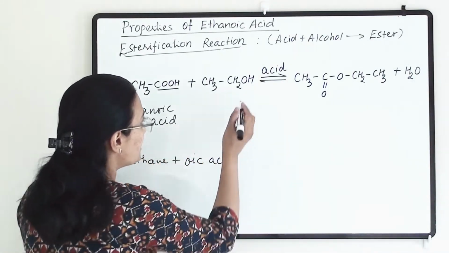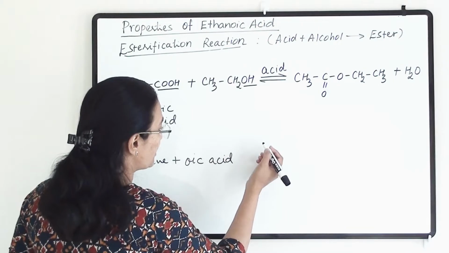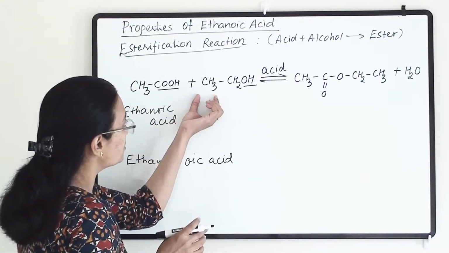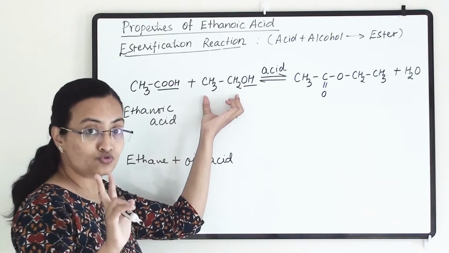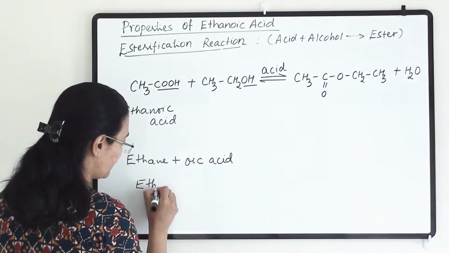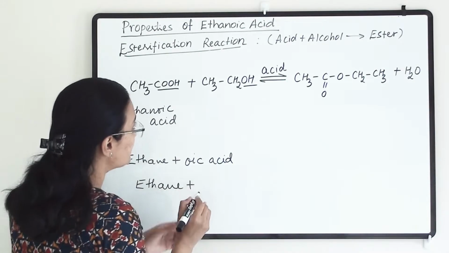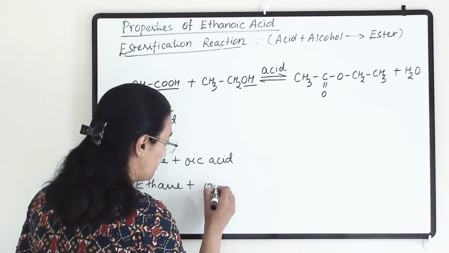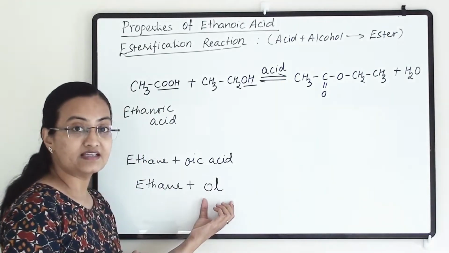Now here the substituent group is OH. OH is alcohol and it is along with the molecule which has two carbon atoms. So again ethane is there and it is combining with alcohol, so it is OL. So OL will come as suffix.